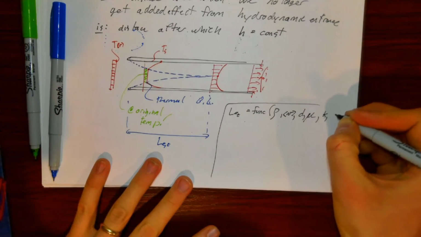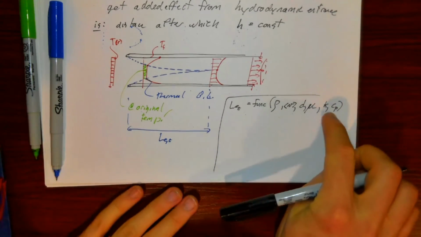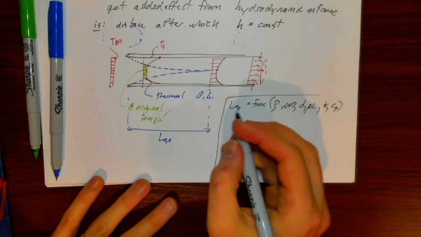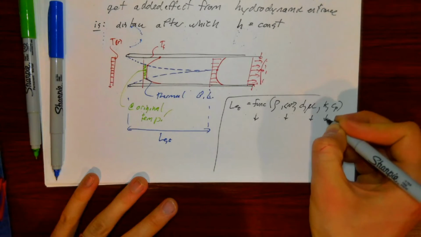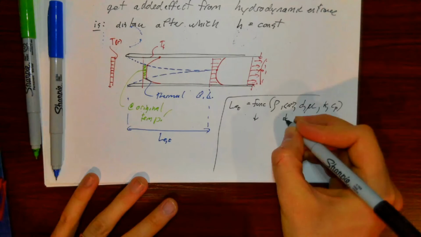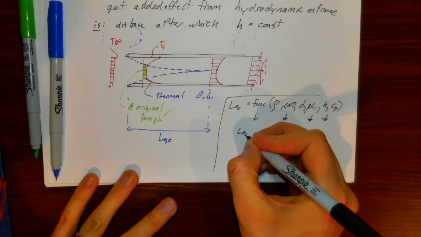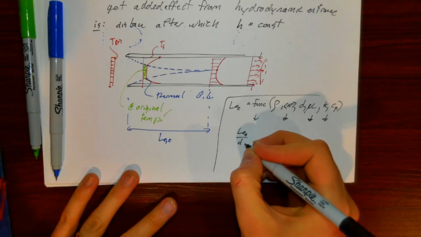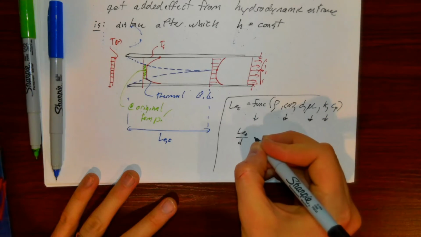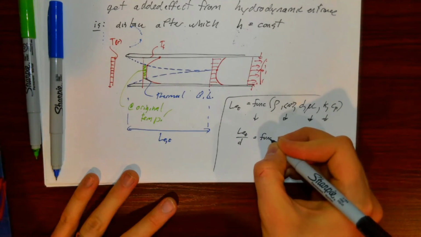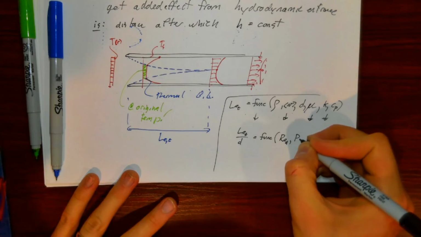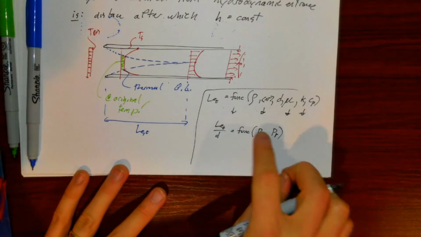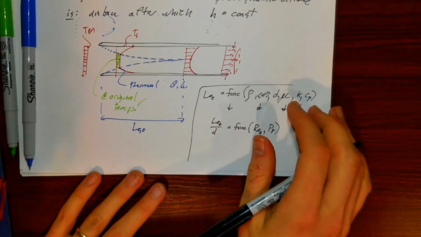For example, the fluid's thermal conductivity and its specific heat as well. You do a non-dimensionalization process like we did for Nusselt number, etc., and it says that your thermal entrance length as normalized by your pipe diameter is equal to a function of Reynolds number and Prandtl number.